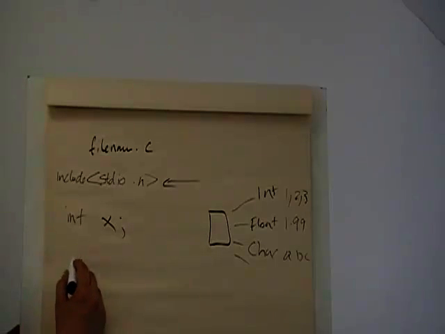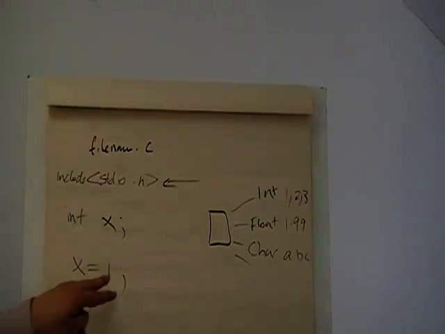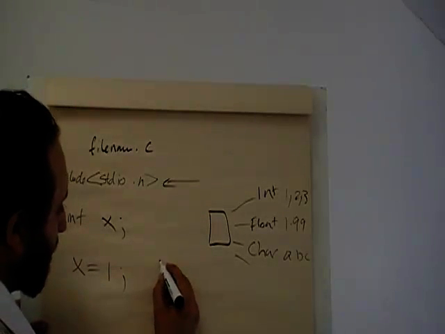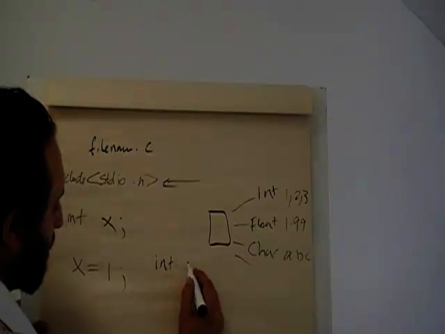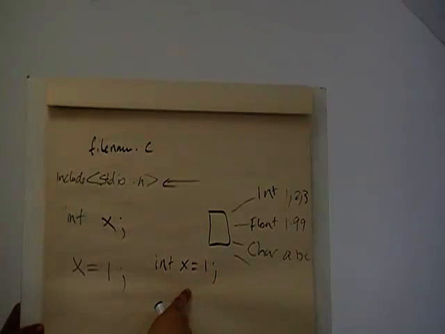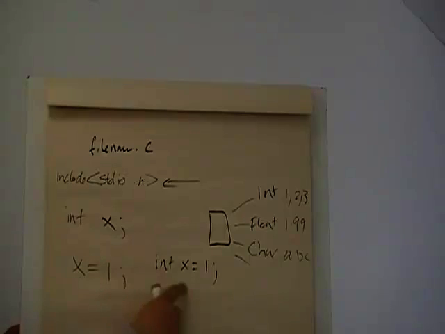Next we're going to say that x equals 1, and we close it off. So now we've assigned a value to x. We could have done it all in one line, such as int x equals 1, but what we decided to do is to do it across two lines, so at least you've got the two different options here.